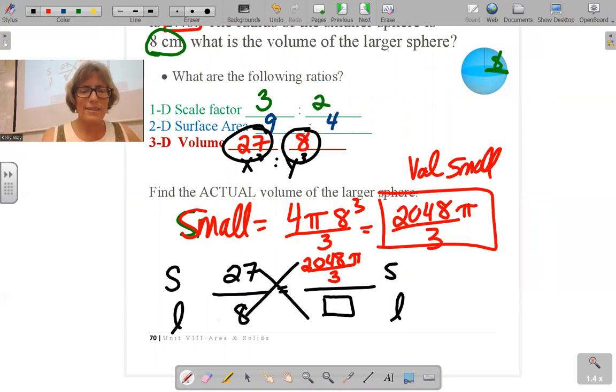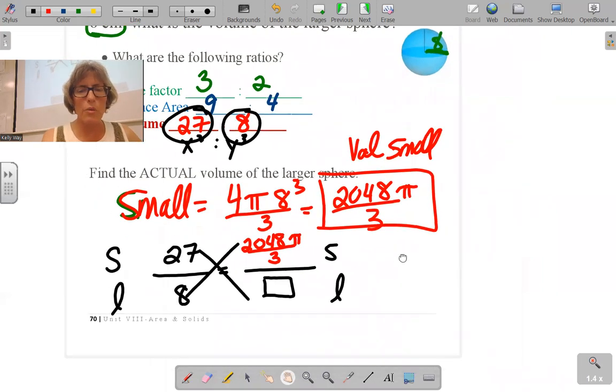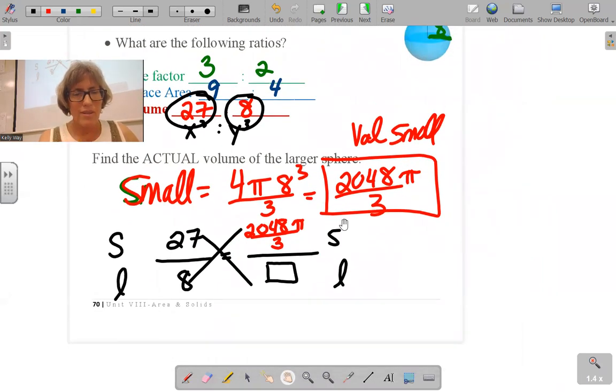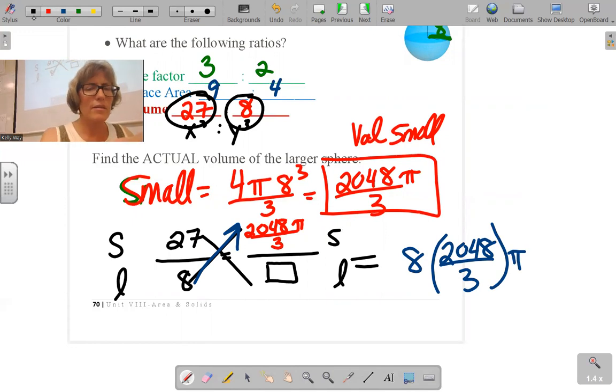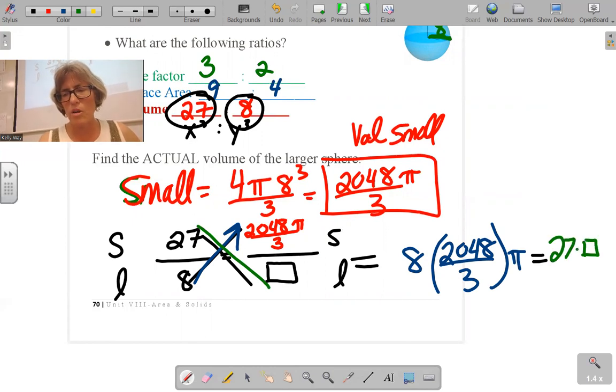Cross multiply. Some of you are freaking out with that fraction there. Relax. Okay, our cross multiplication looks like this. I'm going to color code it. That's going to be 8 times 2048 pi over 3 equals 27 times an unknown.